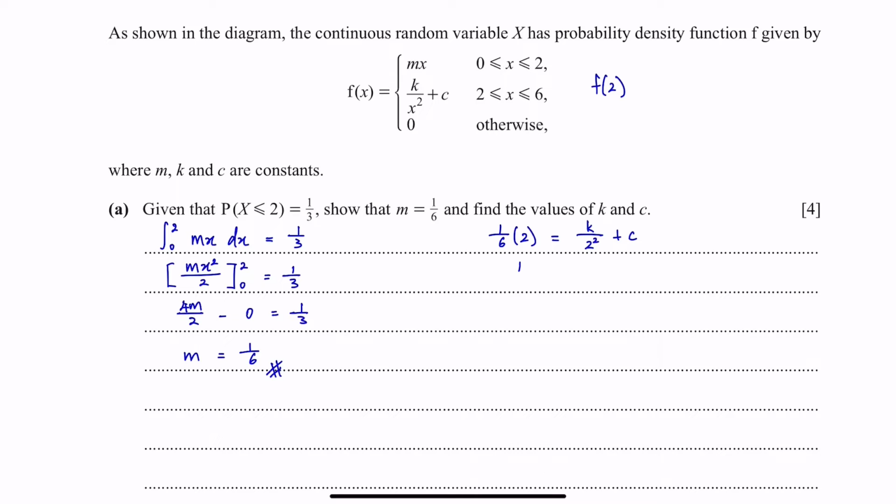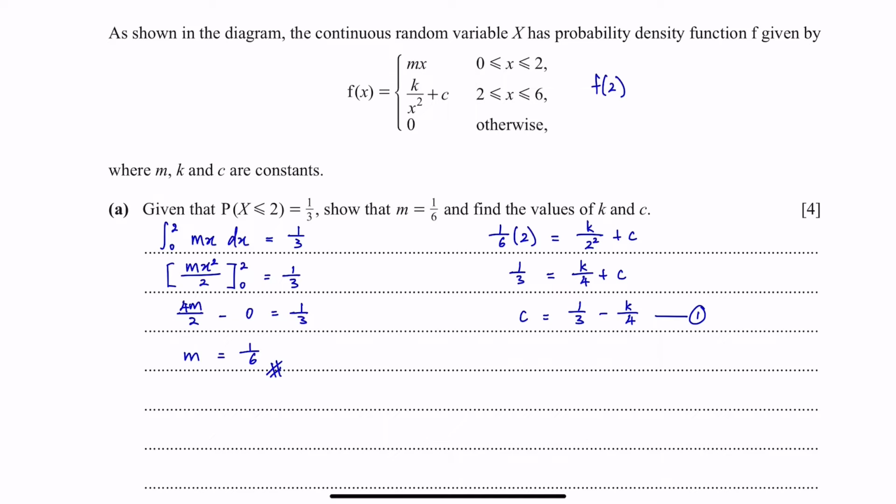So this would be 1 over 3 and k over 4 plus c on the right side. So we can make c the subject. C would be equals to 1 over 3 minus k over 4. This would be our first equation.